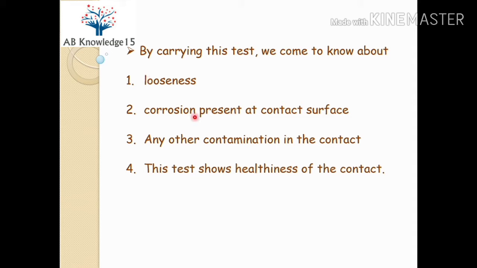We can also find any corrosion present at the contact surface or any other contamination in the contact. If all the contact resistance values are within the limit, then this test shows the healthiness of the contact, meaning there will not be any issue passing high currents through this breaker.